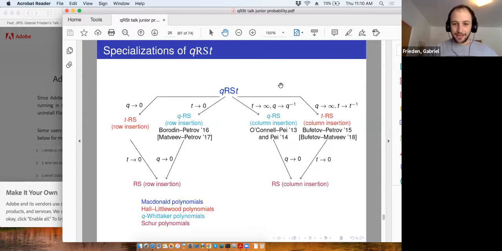On the other hand, if you invert the parameters, so if you invert t and q and then send t to infinity, you get a column insertion version of Robinson Schensted, a q version of that, which was discovered by O'Connell and Pei. And if you do this inversion and then kill q, you get a t Robinson Schensted column version, which was due to Bufatov and Petrov and generalized to RSK by Bufatov and Matveyev.